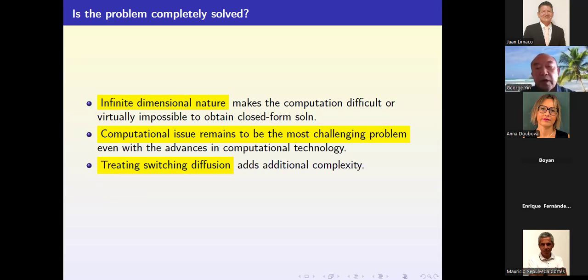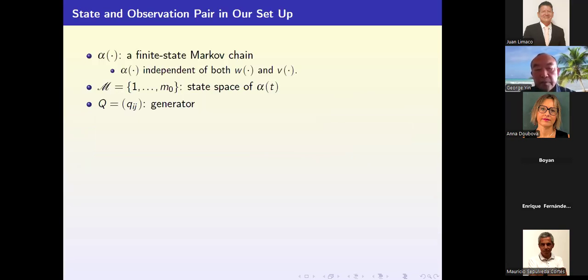Now, in our case, we are going to treat the diffusion, but we are also going to add switching to it. So we are actually treating the switching diffusion. That is another fold of complication. Let me begin with the formulation of the problem. Here we have a finite state Markov chain, alpha. The state space is given by this, and this is the generator associated with it.